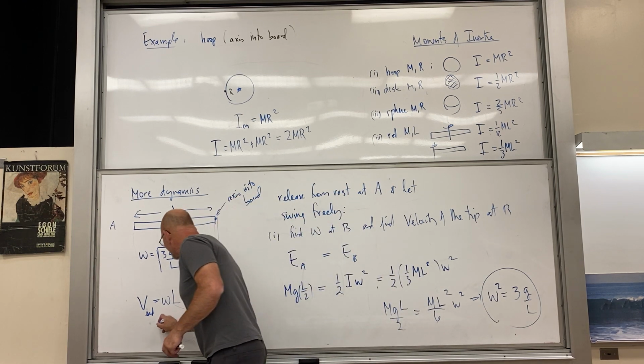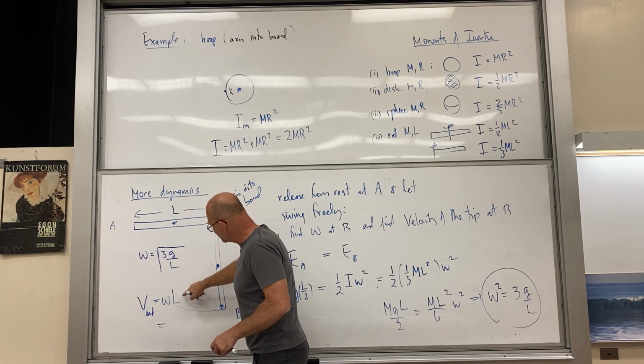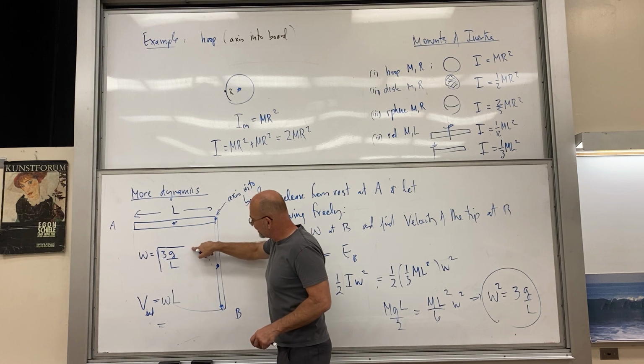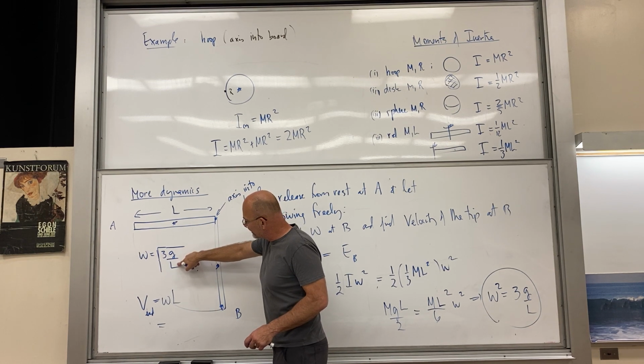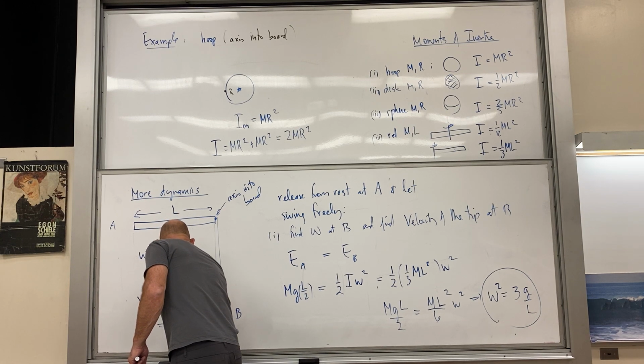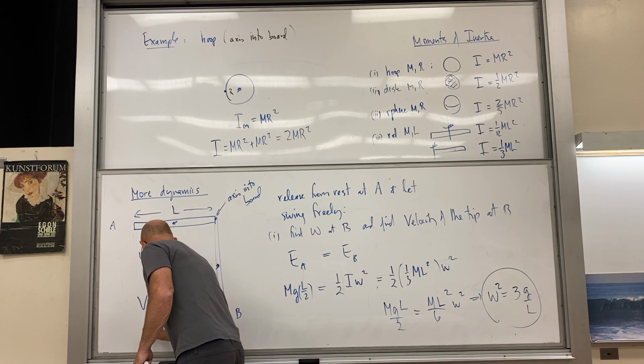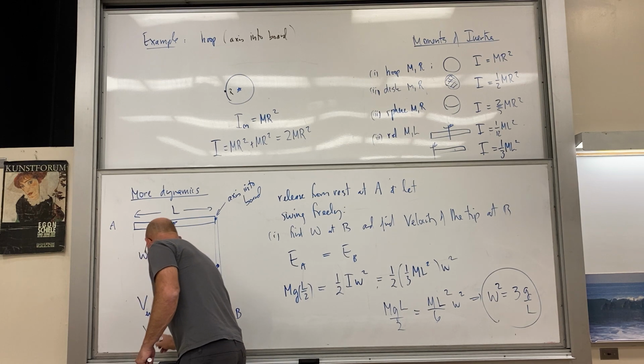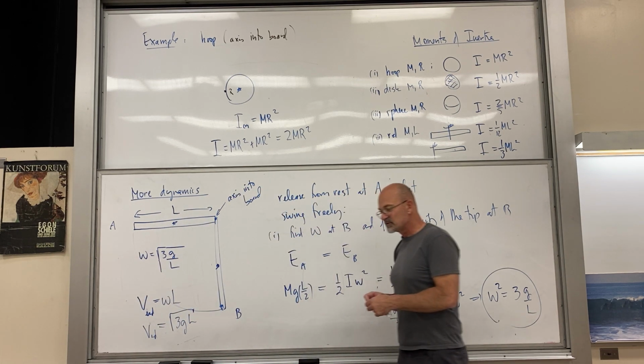And if we take this omega and multiply by L, that'll be L squared under the radical. Cancel one of those L's, that'll be root 3GL. Okay, so why is that interesting?